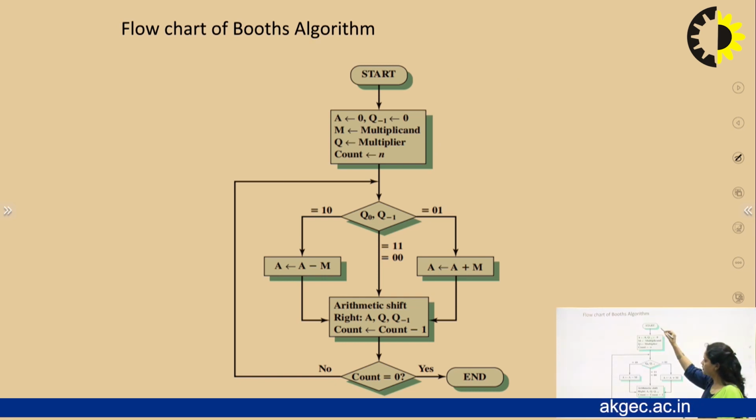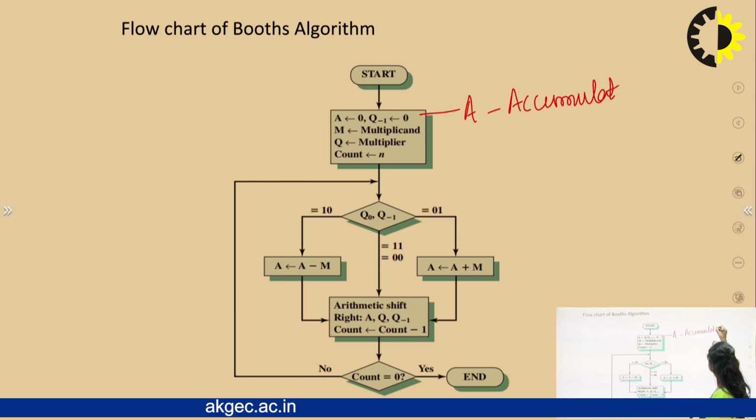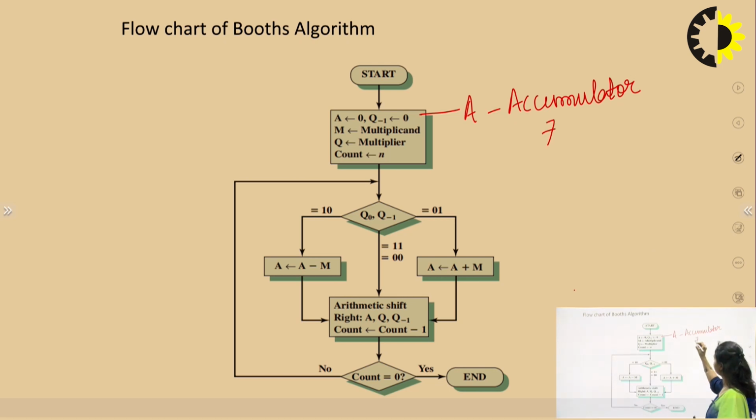So here, first of all, we will initialize certain terms, where A is the accumulator, and M stands for the multiplicand. For example, in the previous example, I will be taking 7 as the multiplicand and 3 as the multiplier.